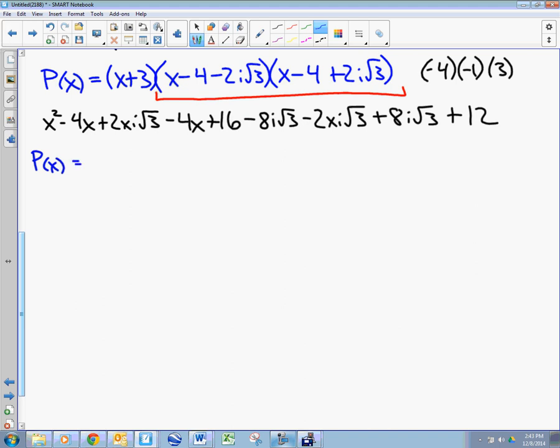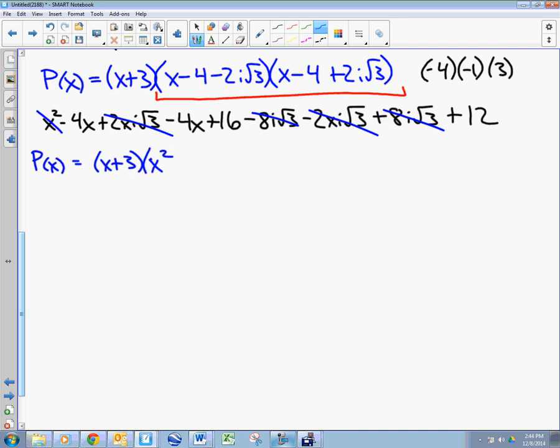P of x is equal to the quantity x plus 3 times, I got an x squared. Does anything combine with that x squared? Let's cancel stuff first. What cancels up here? All the i's should cancel. 2xi roots of 3 and negative 2xi roots of 3. Negative 8i roots of 3 and positive 8i roots of 3. So it looks like I got my x squared.